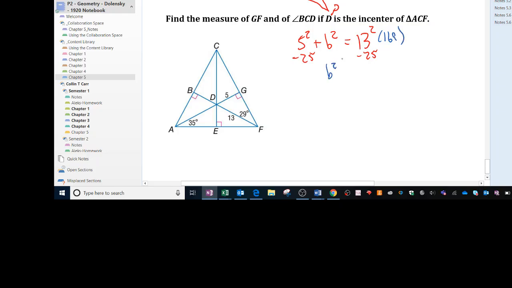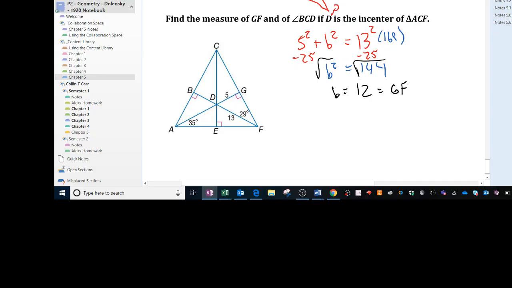And I get b squared is 144. And when I take the square root, I'm only going to deal with the positive because we can't have a negative distance, so I get b is 12, or GF is 12.